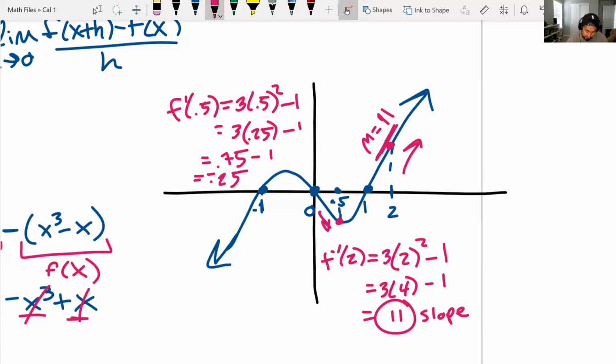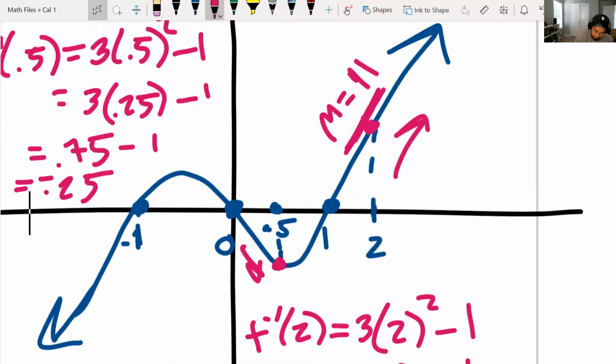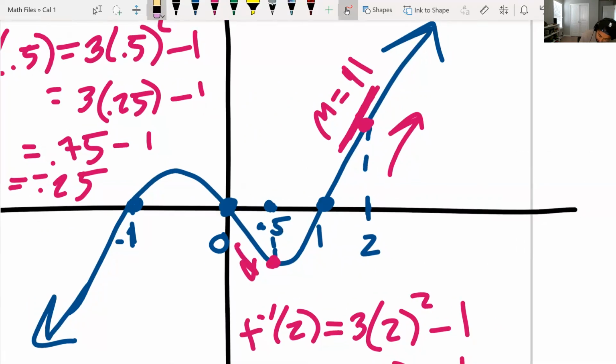So this means that exactly at this x value of 0.5, your slope will be decreasing at a rate of negative 0.25.